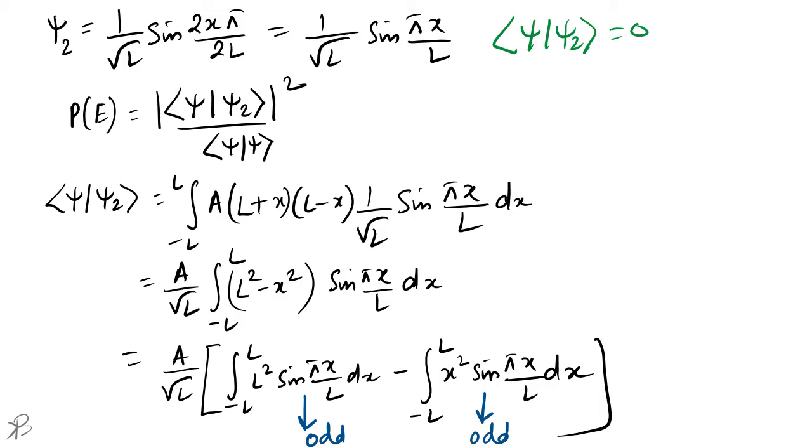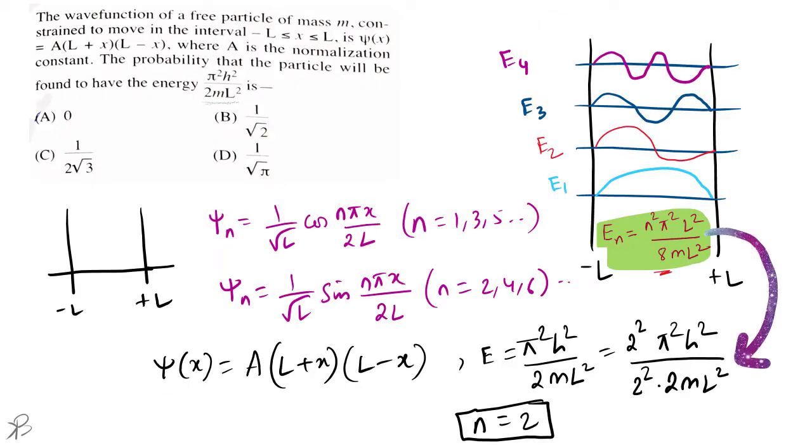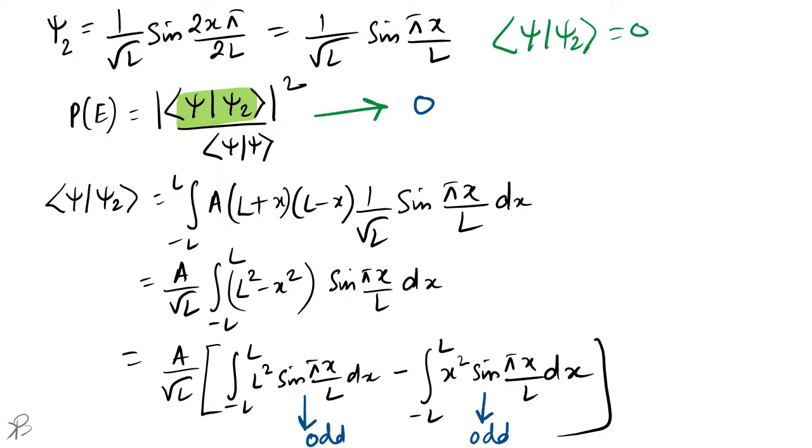Now when the overlap with psi 2 is 0, the probability will be 0. Why? Because this value is 0 as we calculated. So in the options, the correct answer is option A. That is, the probability that the particle will be found with that energy is 0. I hope that you have understood how to solve this kind of problem.